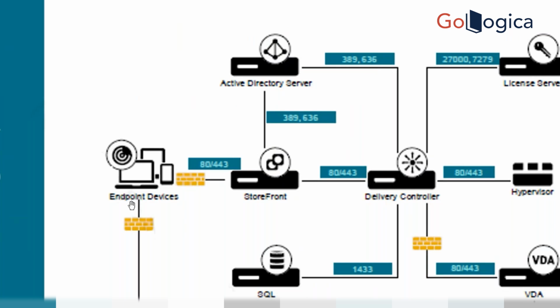And here the endpoint device goes to storefront. Which port does it use? 80 or 443. And storefront to delivery controller, same thing. And delivery controller to hypervisor, same.